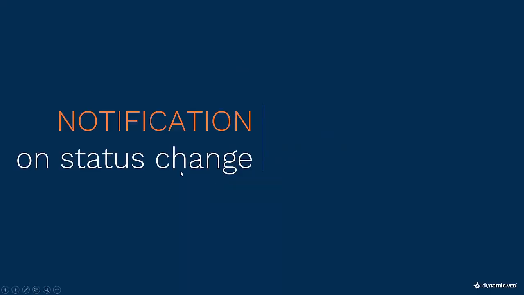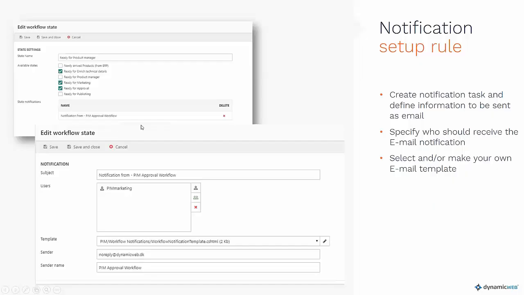So this is how we can set up the different states in the workflow group, but we can also send a notification when a product comes into a new state. So basically in our workflow state, where we define our workflow state, it's possible for us to set a state notification.